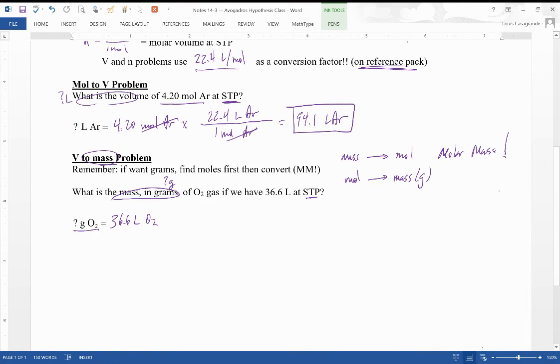So that means we can use our conversion factor. But now I need to put the 22.4 liters of O2 in the denominator so I can cancel those out and have my 1 mole of O2 in the numerator. And from here, we're going to go to the mass. We're going to cancel out the moles of O2, 1 mole of O2 in the denominator. And we need the mass of O2.